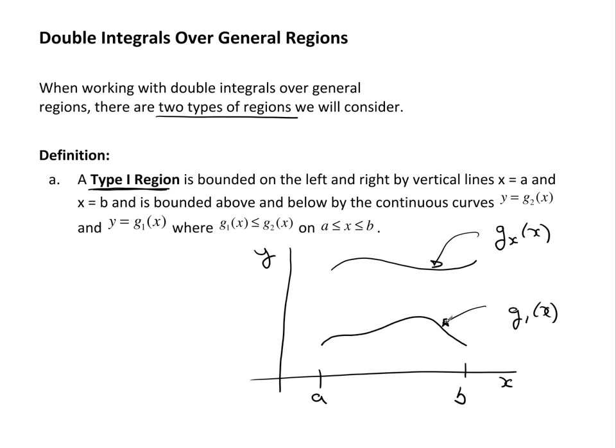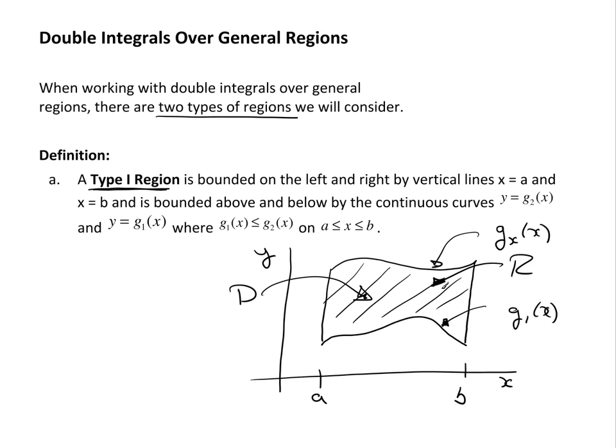So it's bound above and below by these two curves and the vertical lines x equals a and x equals b. So in here is my region R, or we very commonly refer to it as D. So R or D is kind of a common notation to use for either of those regions.